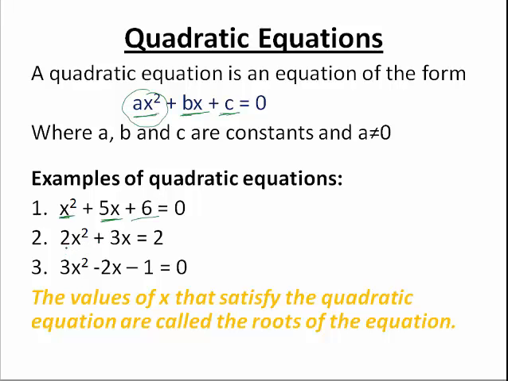We have 2x squared plus 3x equal to 2. What's happening here? This is not of the form ax squared plus bx plus c is equal to 0. Is this a problem? No. We only need to rearrange this to get a standard quadratic equation.